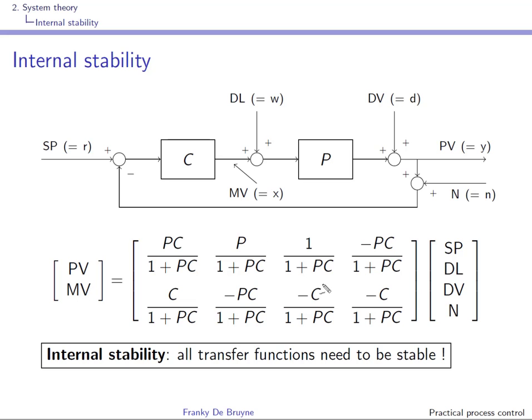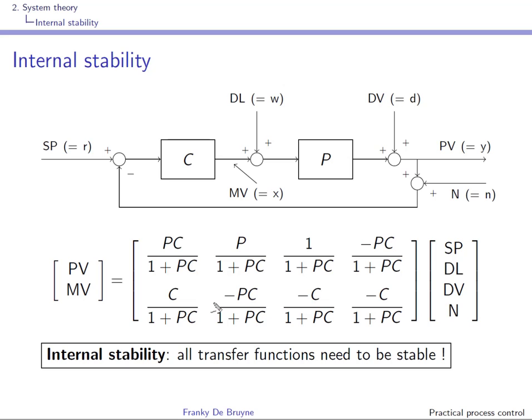As you can see, there are different types of transfer functions that are appearing. Okay, 1 over 1 plus PC, P over 1 plus PC, C over 1 plus PC, and PC over 1 plus PC. And you have sometimes the same transfer function but with a different sign, right? But you can see here that there are 4 types of transfer functions.